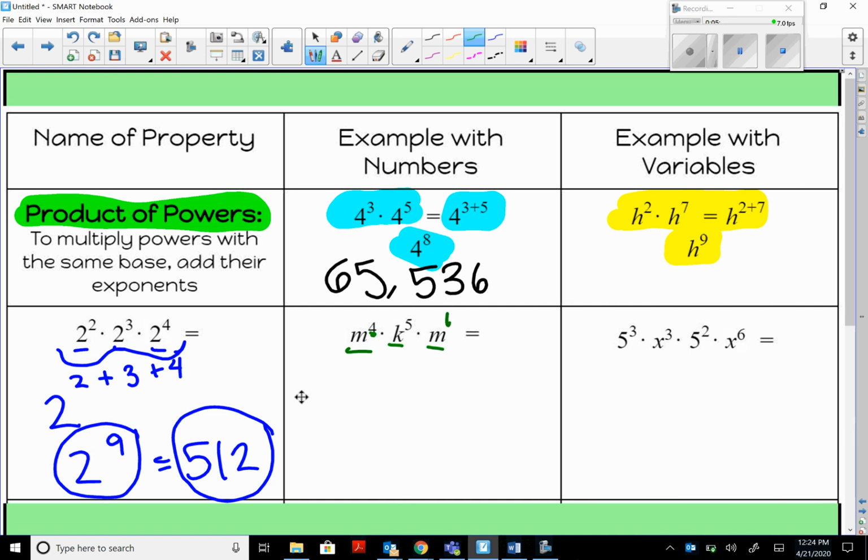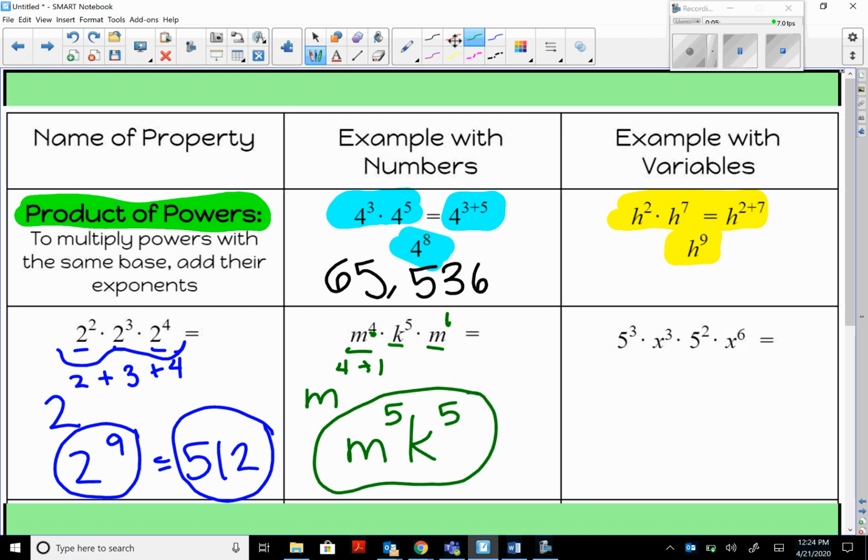So I'm going to add the exponents that are with the m's, 4 plus 1, which is m to the 5th power. There's nothing I can add to the k, so I just leave it as m to the 5th power times k to the 5th power, and that's it. That's as simplified as I can get.